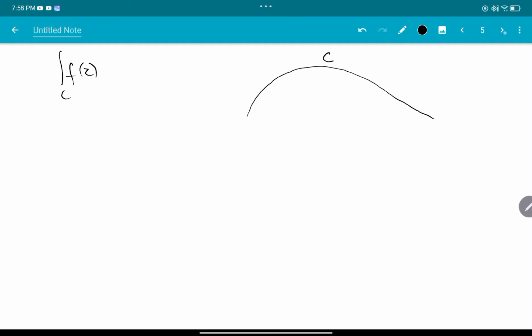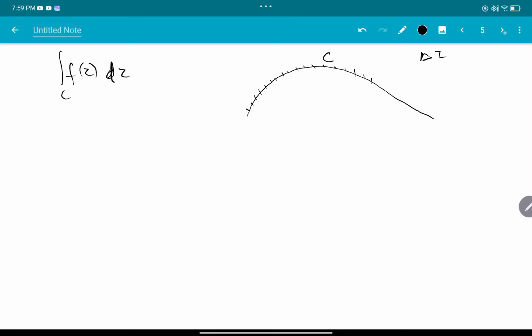It can be closed, but it need not be. How do we calculate this line integral? It is calculated by dividing the path length into small elements of length. Suppose each element of length is of size delta z.